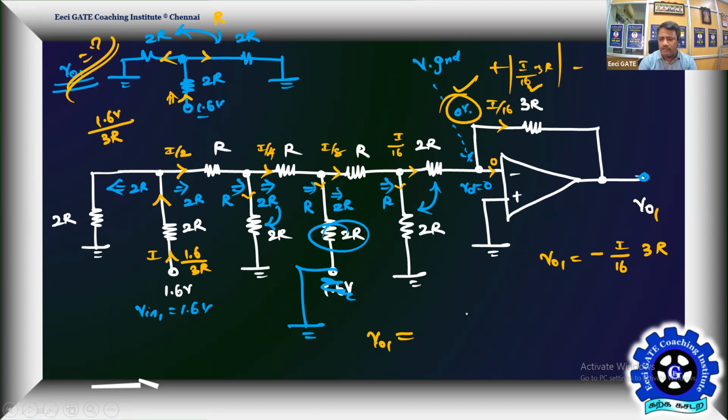So V01 is going to become, substituting I, minus 1.6 volt divided by 3R, the whole divided by 16. That's I by 16, into 3R. Yes, what do you get then?